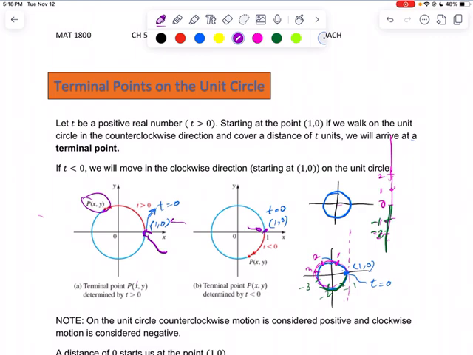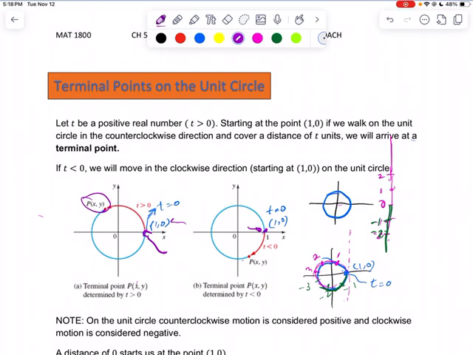We go in this direction, and wherever you stop, the coordinates of that point on this unit circle will be the terminal point for that value of t.